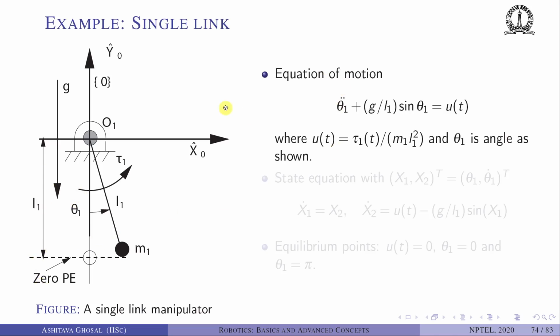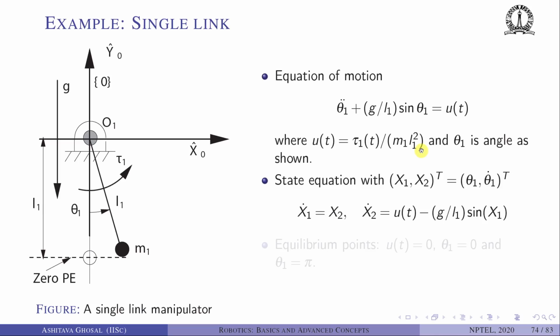So the equation of motion of this one link robot can be shown to be theta1 double dot plus g by L sine theta1, where theta1 is measured from here, is equal to u of t, where u of t is tau1 divided by m1 L1 square. We can derive this. This is not at all hard, it is very easy.